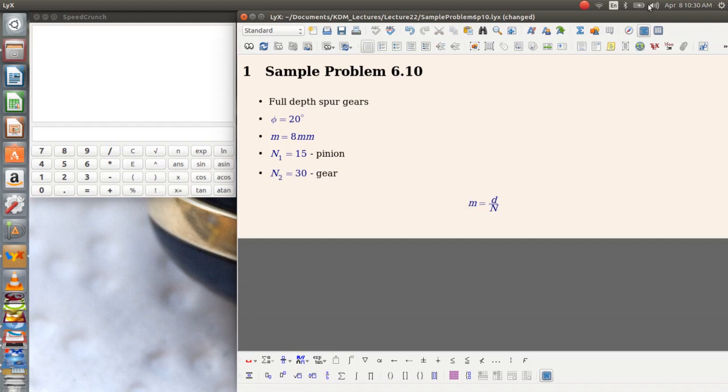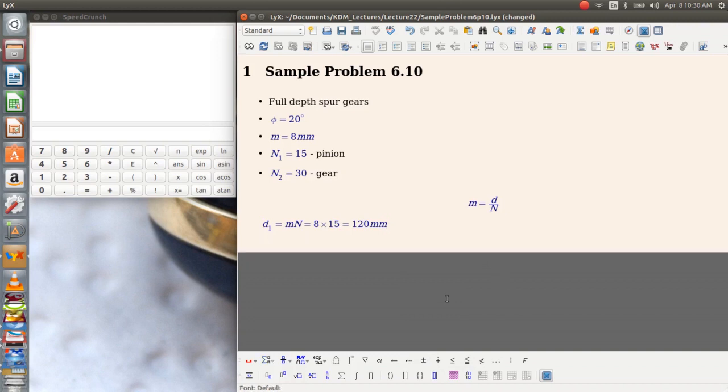So going back to this, we can calculate the pitch diameter of gear 1. It's going to be equal to the module multiplied by the number of gear teeth, which in this case will be 8 multiplied by 15, or 120 millimeters. For gear 2, same calculation.